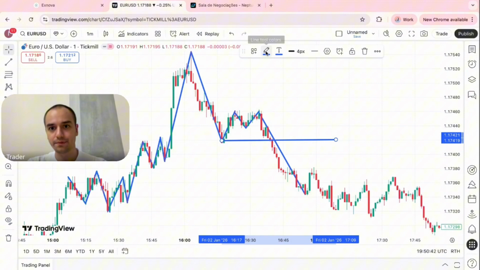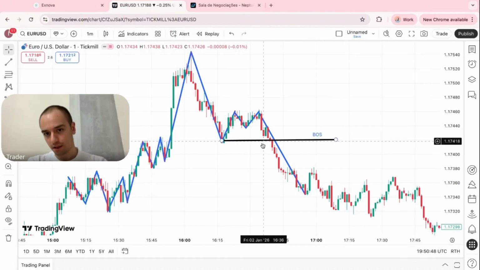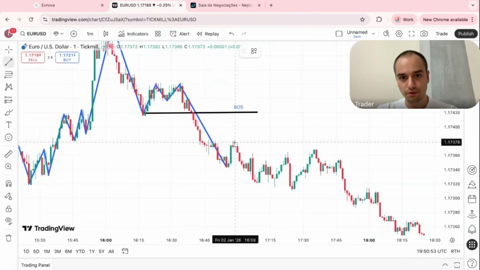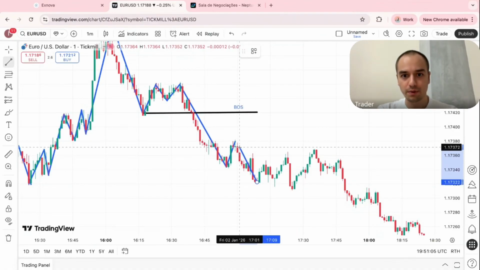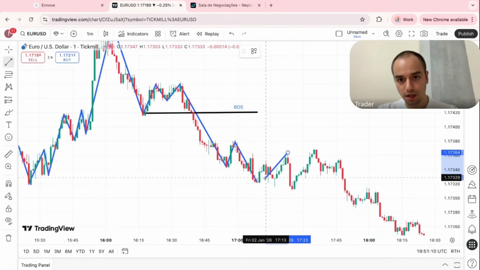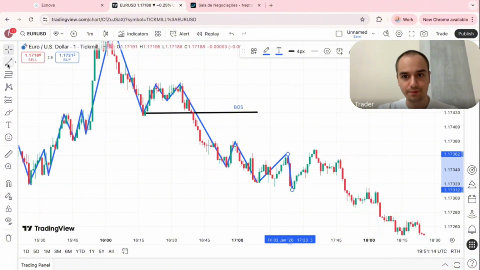And then all the further confirmations of this would be confirmation of break of structure. Every time when we see a lower low and lower high, that will be further confirmation of our structure.